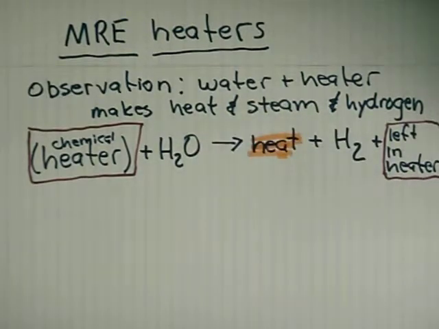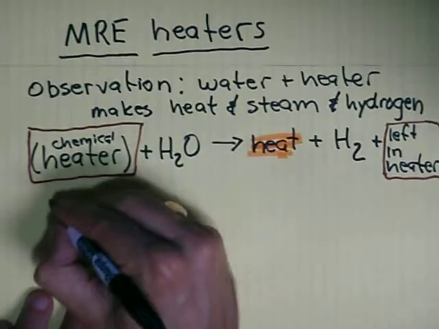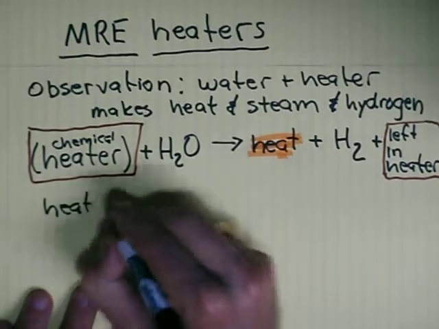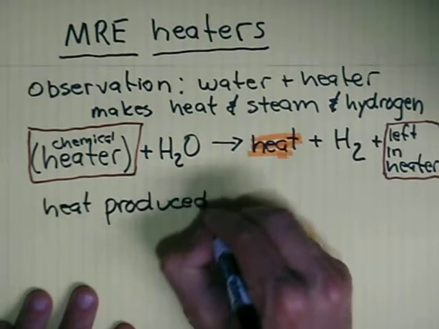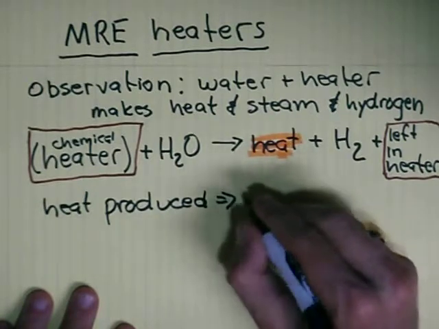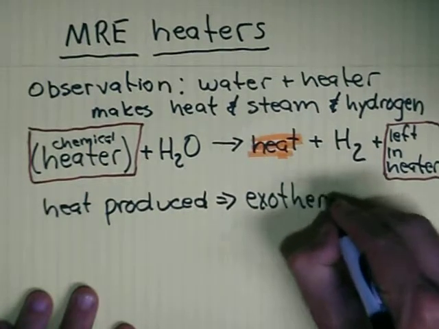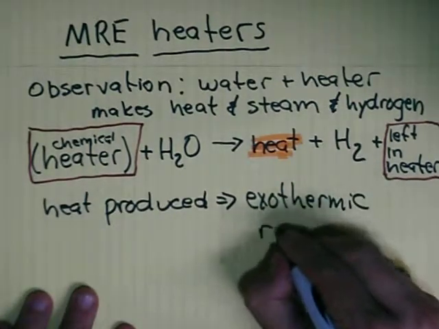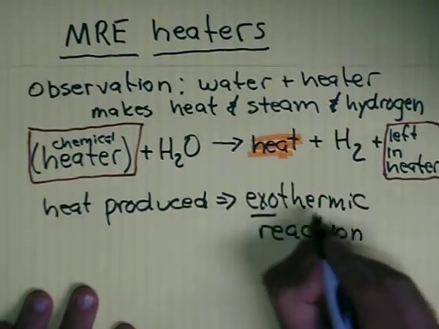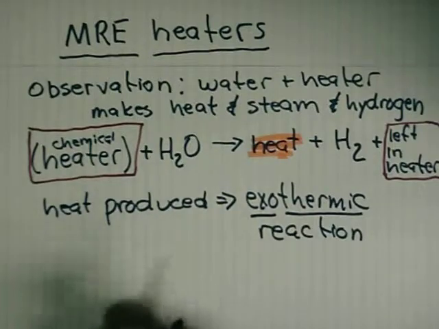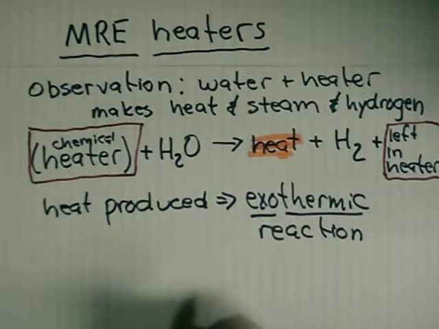So that's one thing that tells us the type of reaction, because heat is produced, that means it's an exothermic reaction. Exothermic reaction. So we know we've got an exothermic reaction, and you add water and it produces hydrogen.